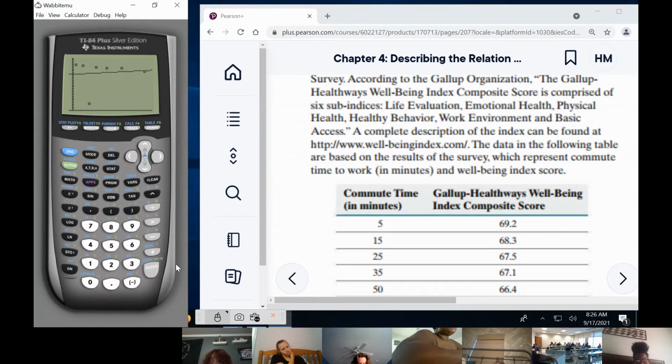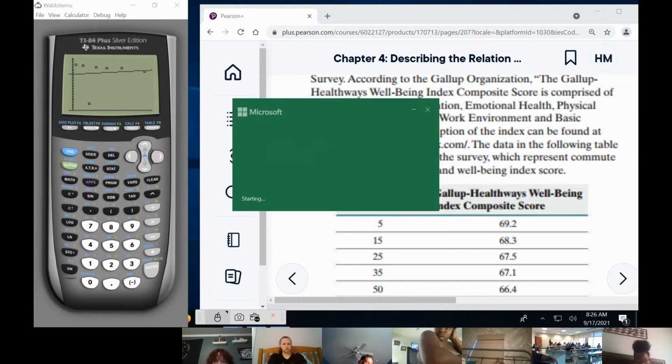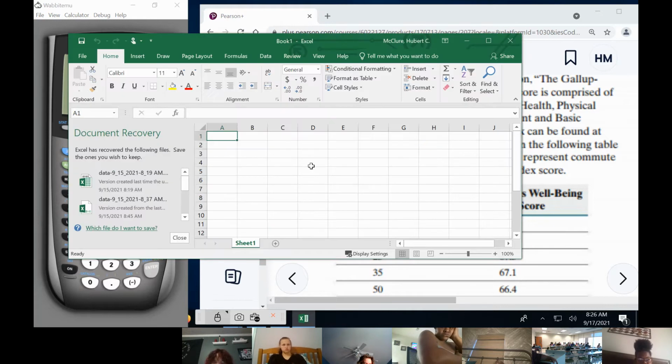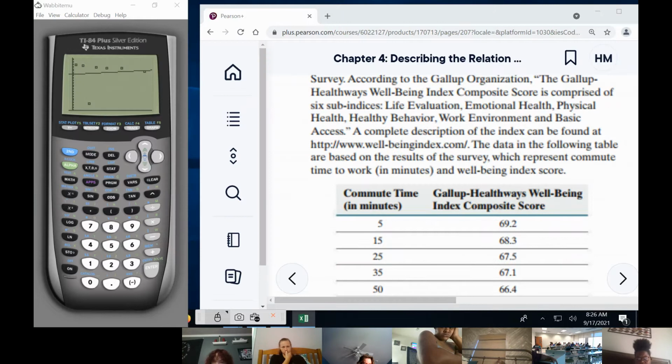Now let's do it on the Excel spreadsheet. So pull up the Excel spreadsheet. I'm going to pull it over here so I can see the numbers and type them in, and then I'll put it back. Let me move this over.